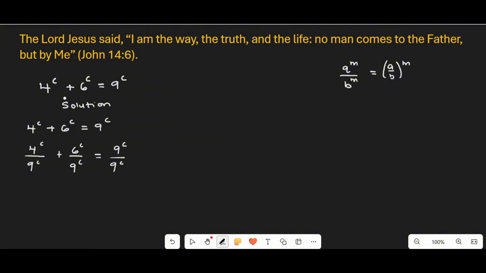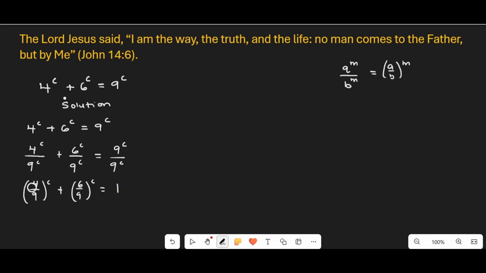So we are going to have here 4 over 9 all raised to power C plus 6 over 9 all raised to power C equal to, this one will give us 1.